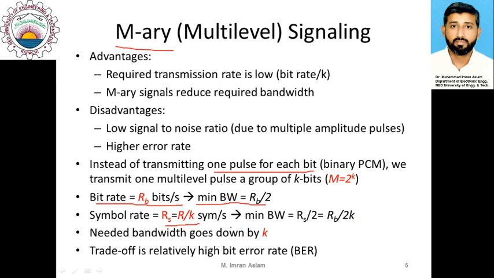That means the required bandwidth goes down by a factor of K. So the group that we make reduces the required bandwidth for transmission. However, we have a trade-off here, that this will give you a higher bit error rate as well. So we get an improvement in the bandwidth at the cost of higher bit error rate.